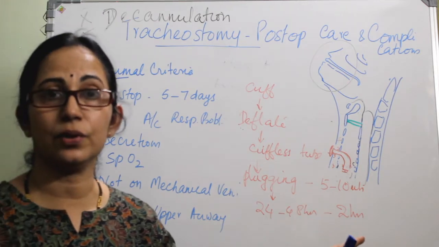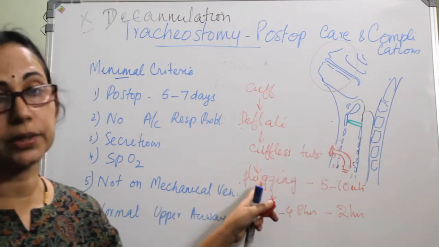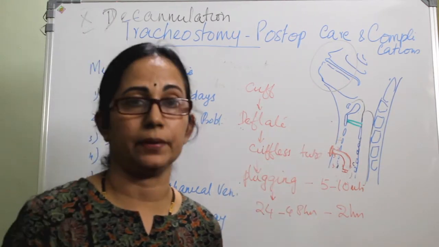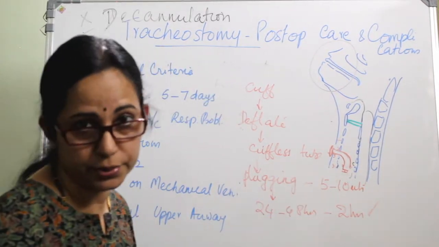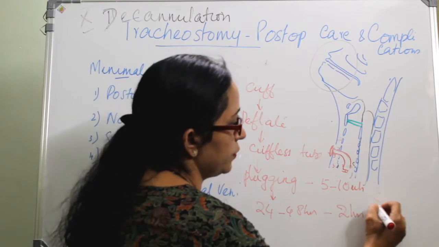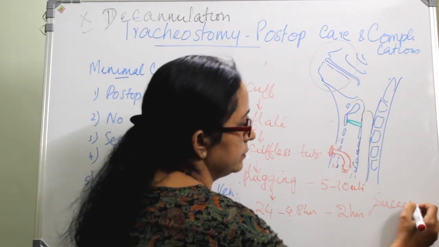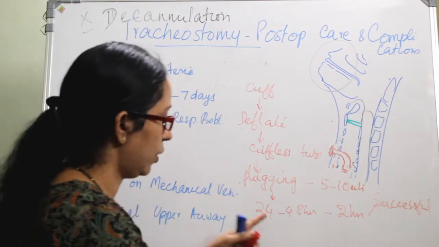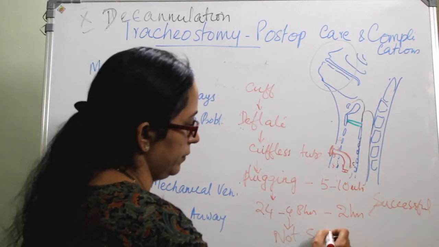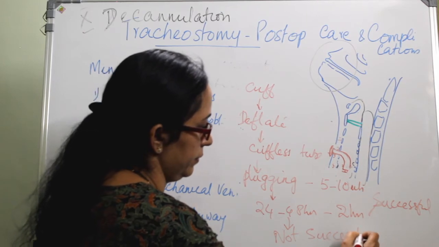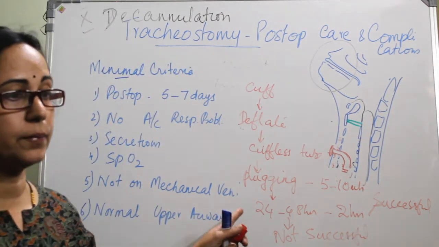If it is successful, you can remove the tracheostomy tube and give a strapping. Okay, there are two options. One, it can be successful, or it is not successful. The patient is not tolerating. Okay, there can be two pathways.